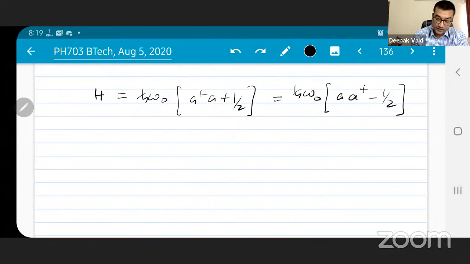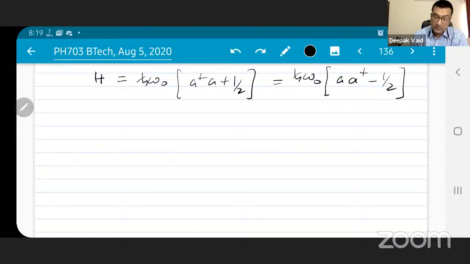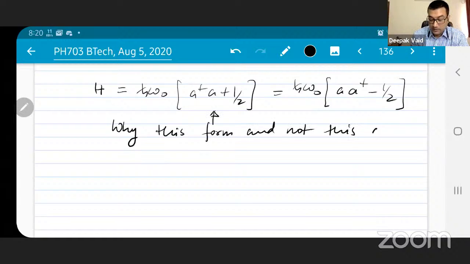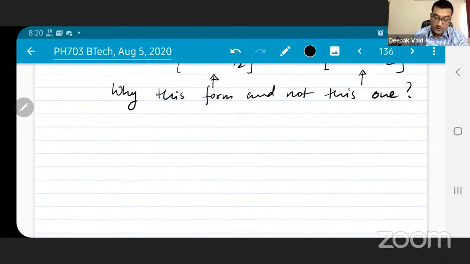There is a reason for this, which is the following. We'll come to the reason in a minute. First, why this form and not this one? We'll come to the reason in a second.